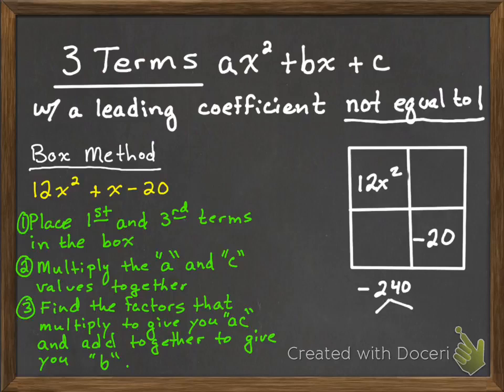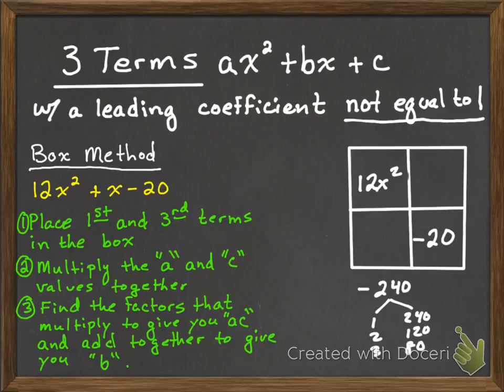And we want to find two numbers that will multiply together to give us 240, or negative 240, but will add together to give us this middle number here, which is a positive 1. Now you could go through an entire list of numbers that would multiply to give you 240, like 1 times 240, 2 times 120, 3 times 80. You can go through the whole list.